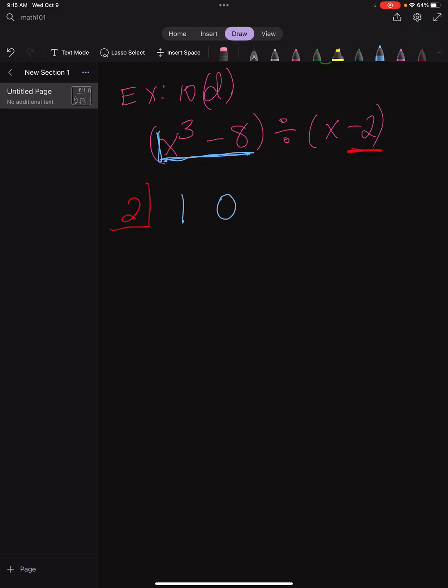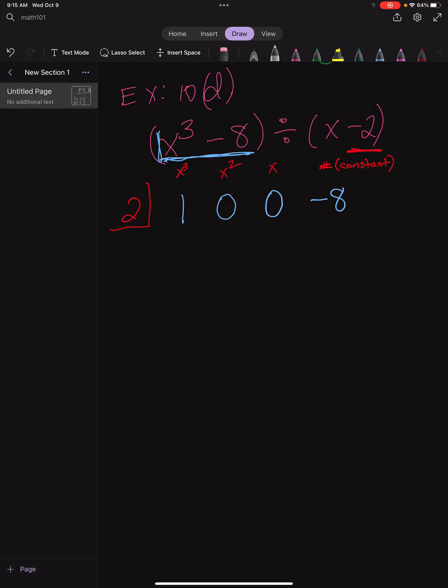The coefficient of x is 0 because there are no x terms. And then negative 8 is the coefficient of x to the 0, which is the single term. If you are a person that needs to write it out in small just to keep yourself organized, then you can do that.